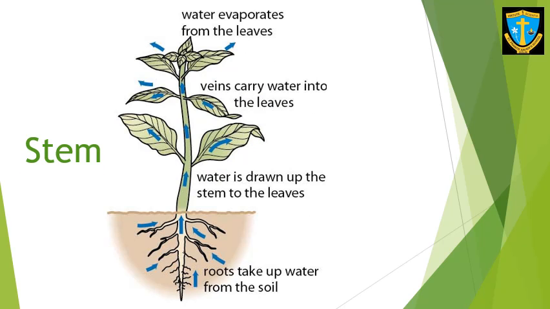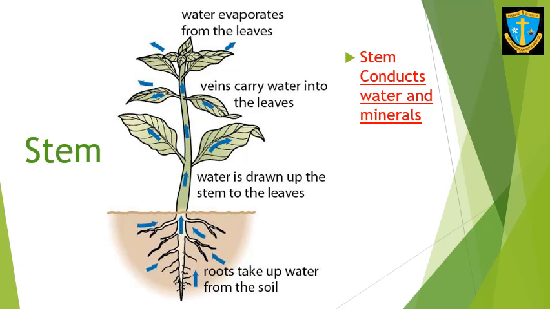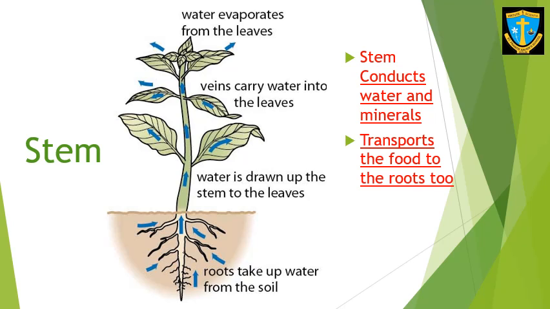The stem has thin tubes called xylem, which help to transport the water from the roots to the different parts of the plant. Now, when the food is prepared in the leaves, the food is passed down again through another tube-like structure called the phloem, from the stem to different parts of the plant, even the roots.